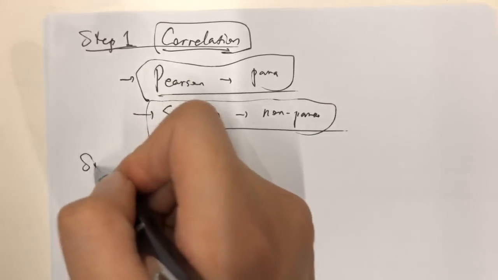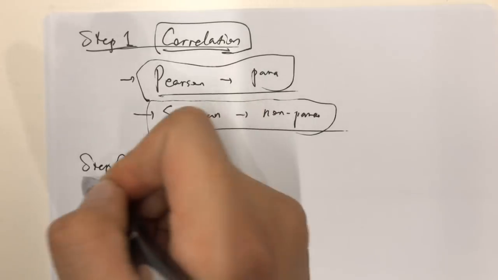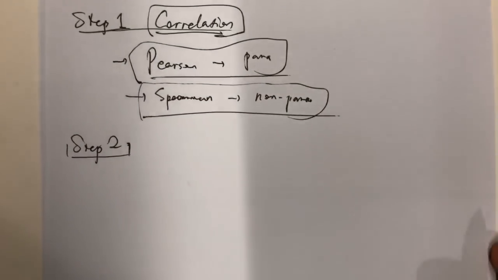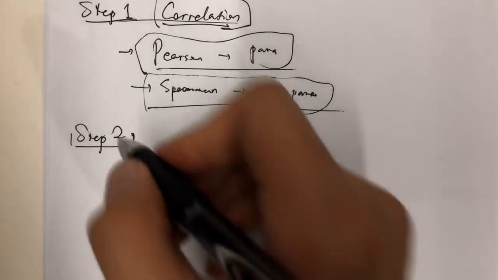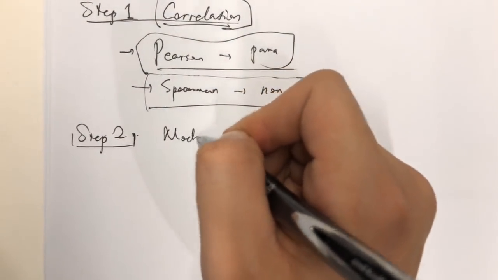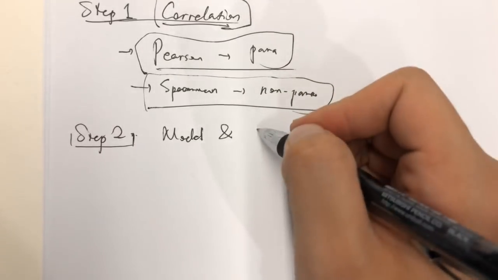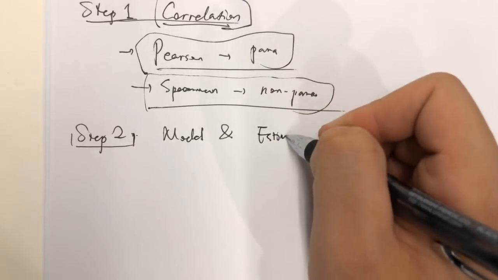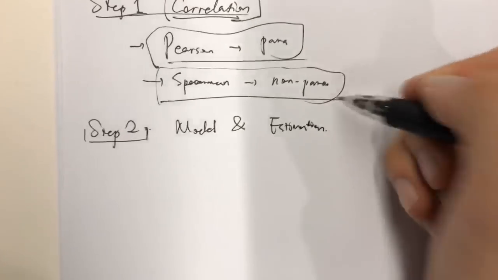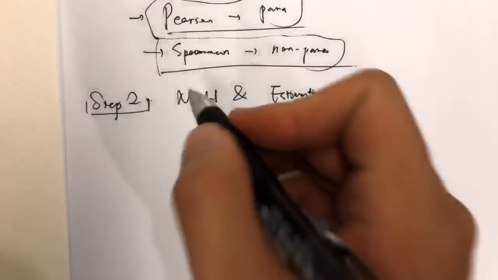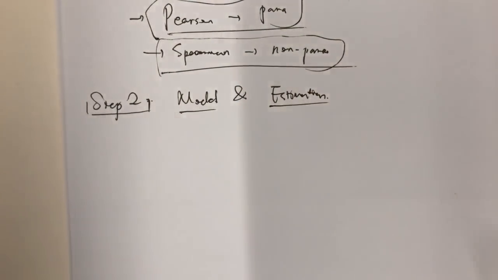Okay, step 2. Step 2 is basically the model, yeah. How to build a model as well as an estimation, right? In this step, you need to know the difference between a model and the estimated model.